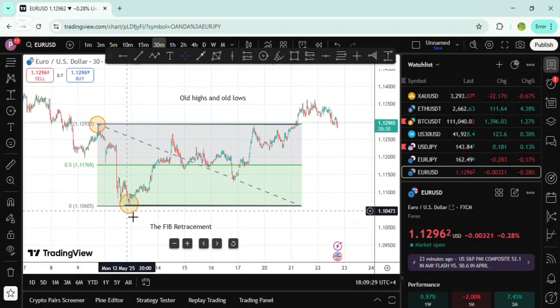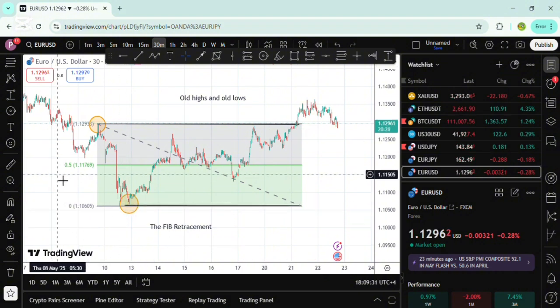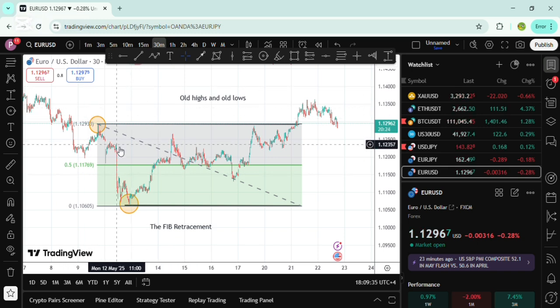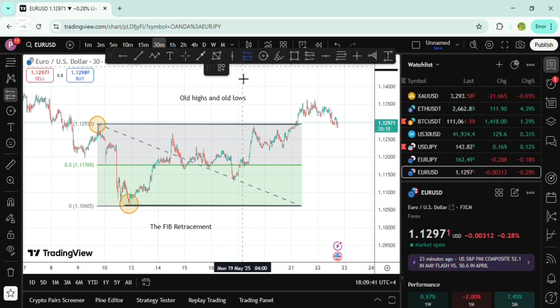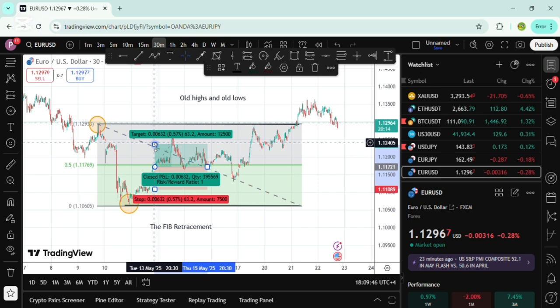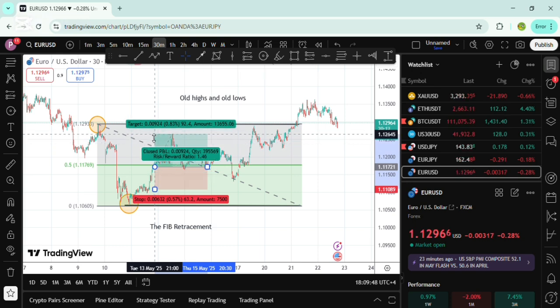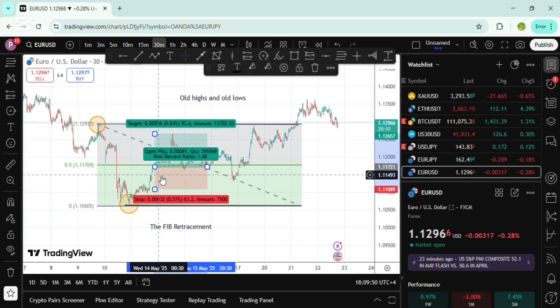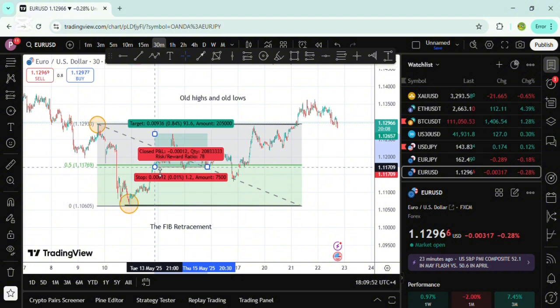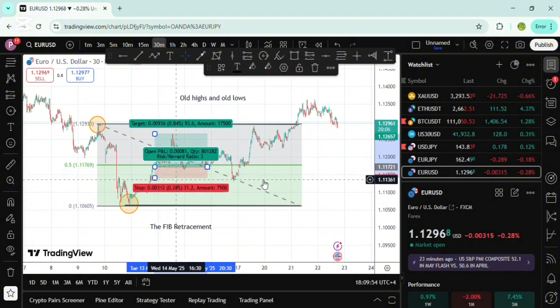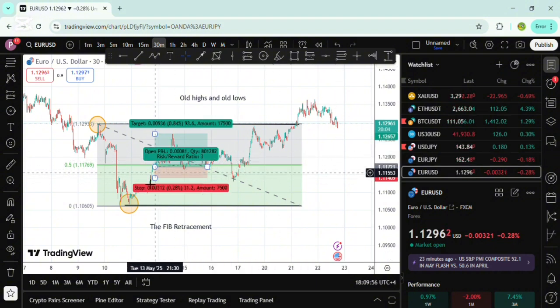So in doing this, there's what we also call the pending order. Look at how the tool looks like. And in using this Fibonacci retracement, there's what we call the pending order. This pending order is when the market is going from the discount level to the premium level, we use a buy stop.